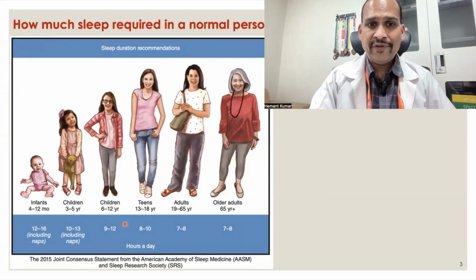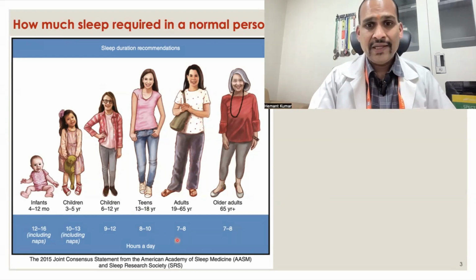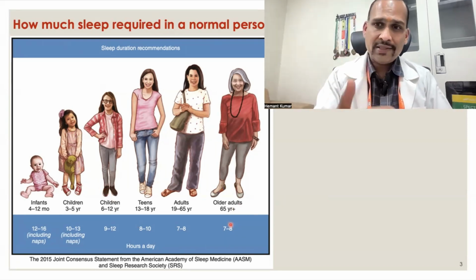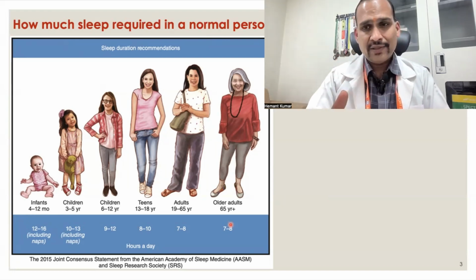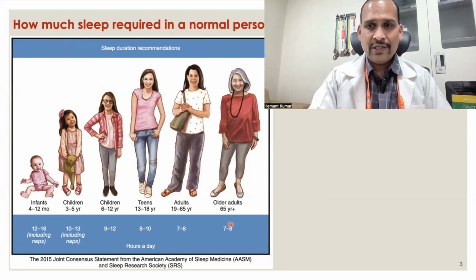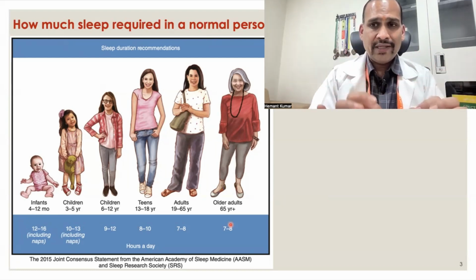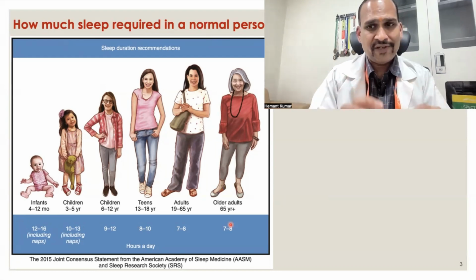In an average adult life, the requirement of sleep is around 6 to 8 hours. In old age, it reduces further. After 65, around 6 to 7 hours is more than sufficient. So on average, everybody should get at least 6 to 8 hours of sleep for normal functioning of life.